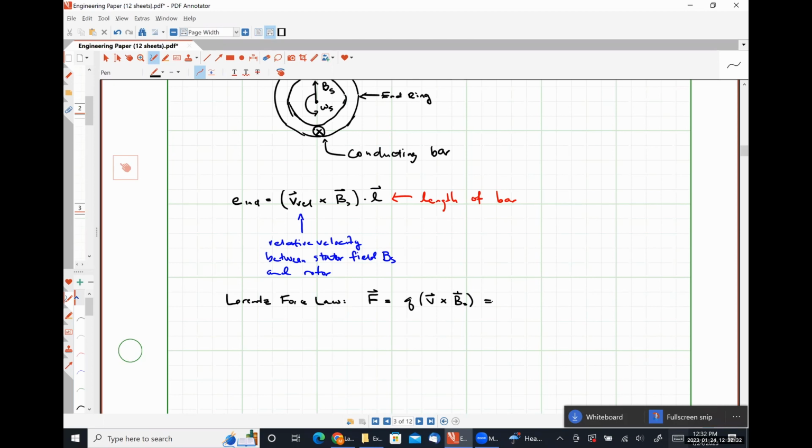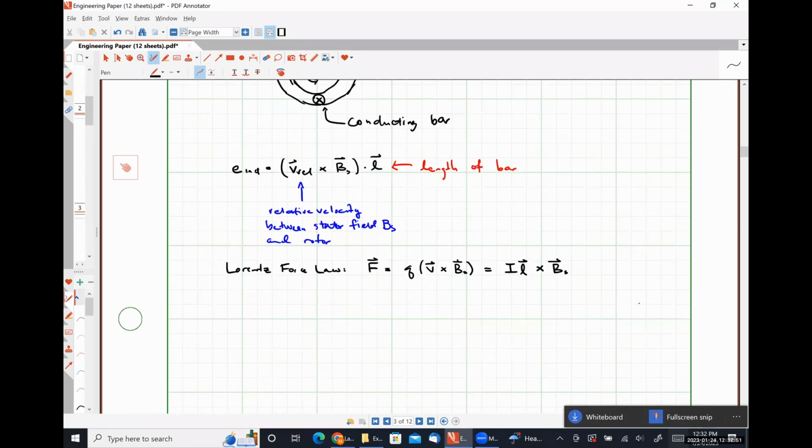Okay. So we could write this as I, L, where L is just giving us the direction of current, crossed into our stator magnetic field, B.